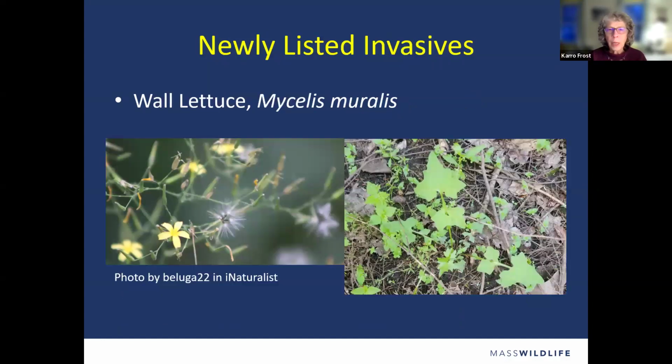Another one that's coming in is wall lettuce. It's been around for a while, but it hasn't really been a target until now; look, this is really spreading. It's got an interesting looking leaf with little leaflets on the main stem that point backwards.